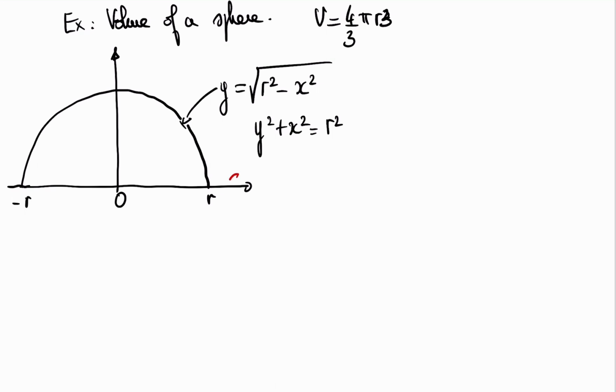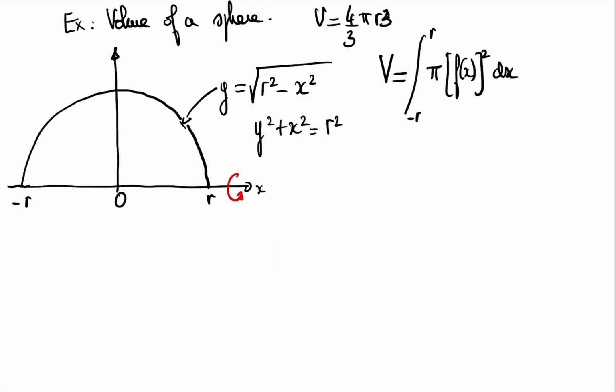Now, if I rotate that around the x-axis, obviously that's going to make a sphere. So let's calculate the volume of this sphere. So V equals, x varies between minus r and r, and it's pi times f of x squared dx.